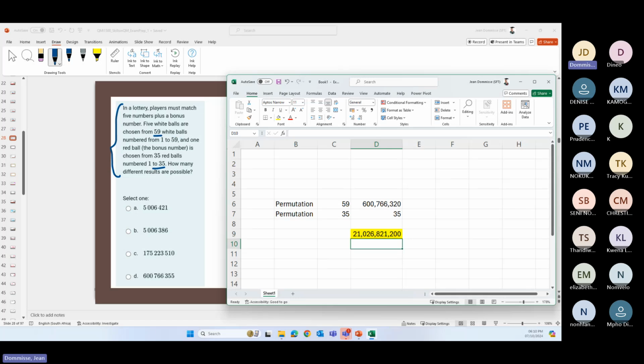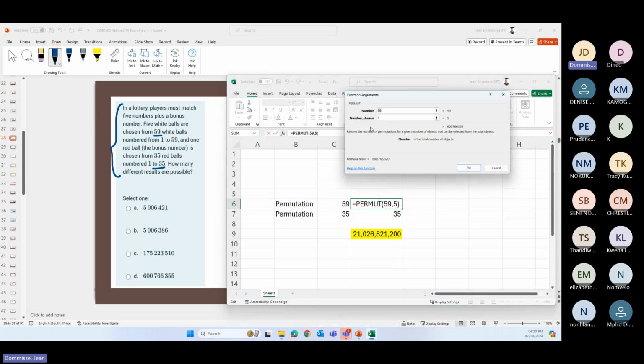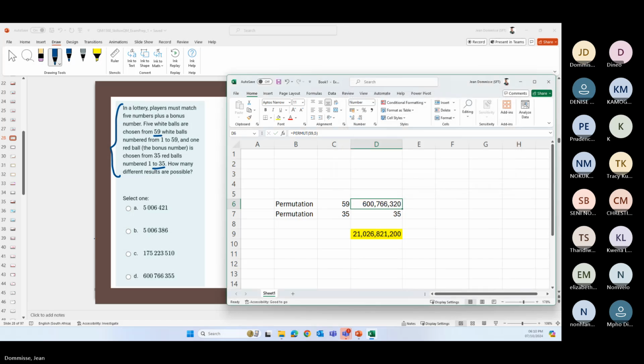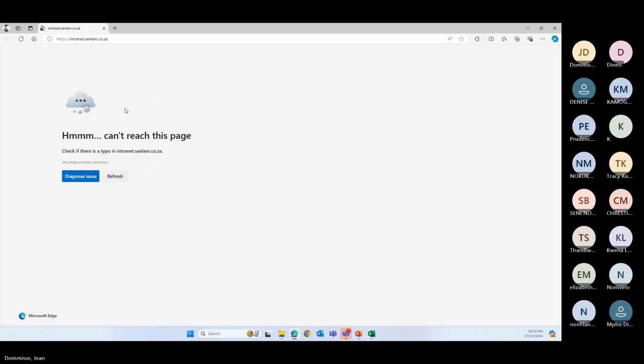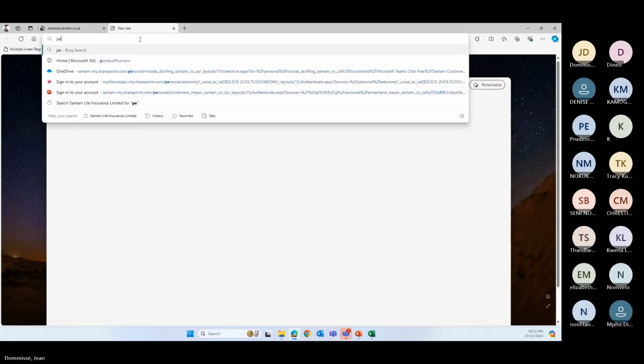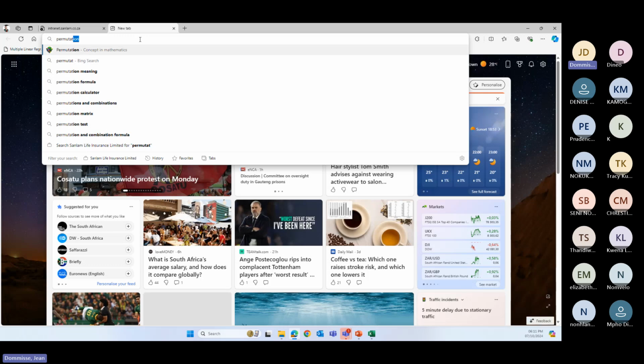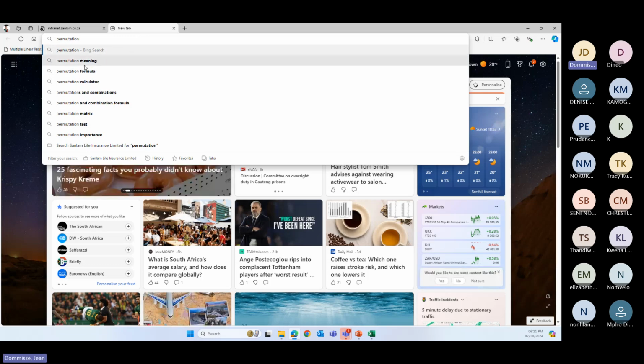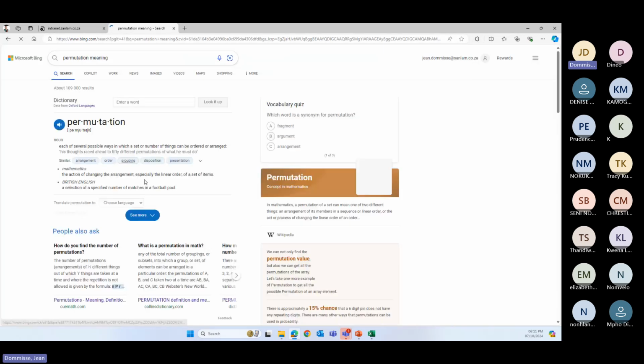Okay, so let's quickly check if they tell us what permutation returns, the number of permutations given. So let's just quickly go for what the meaning of permutation is.